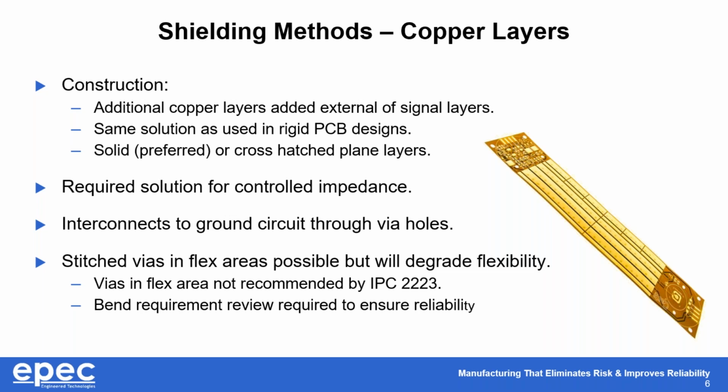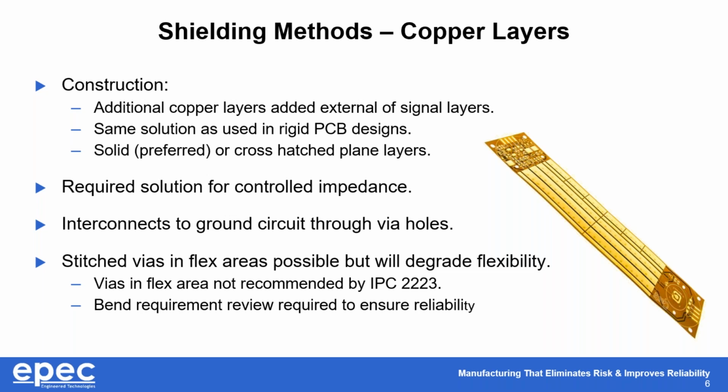It's essentially the same solution that's used in rigid PCB designs. And the copper shields can either be solid, which is generally the preferred solution, or they can be done as cross-hatched planes. A solid plane will provide a higher degree of shielding. Cross-hatching is used if flexibility becomes a concern in the design.